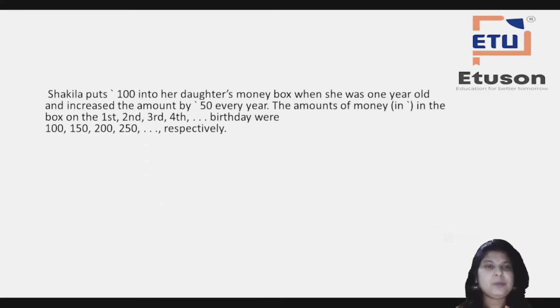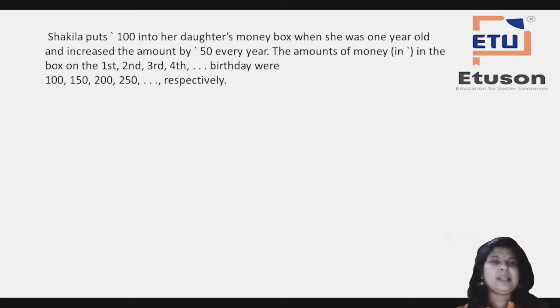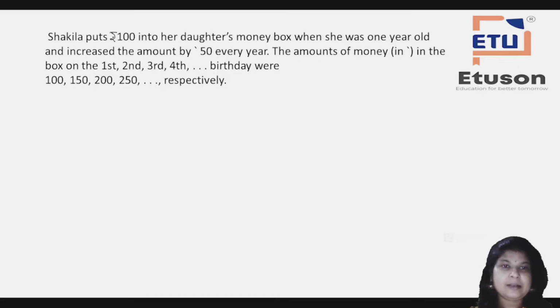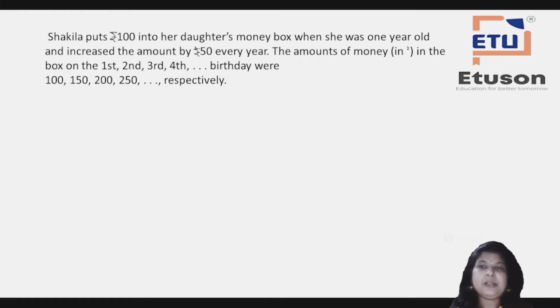Let us take one more example. Suppose Sakila puts rupees 100 into her daughter's money box when she was 1 year old and increased the amount by rupees 50 every year. The amount of money in rupees in the box on the first, second, third, fourth birthday were how much?